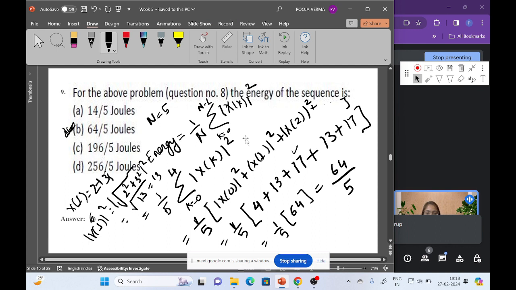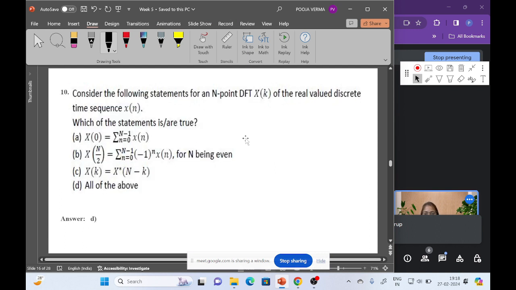Okay, so moving to the next question. Consider the following statements for an n-point DFT X of k of the real valued discrete time sequence x of n. Which of the statements are true? Option A, X of 0 is equal to summation n is equal to 0 to n minus 1 of x of n.